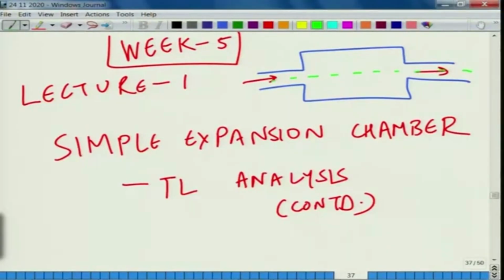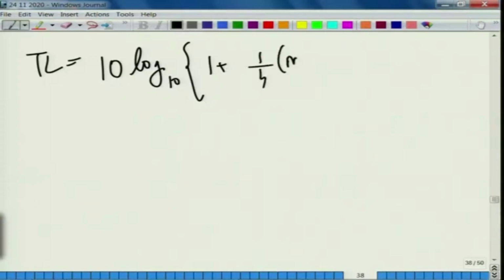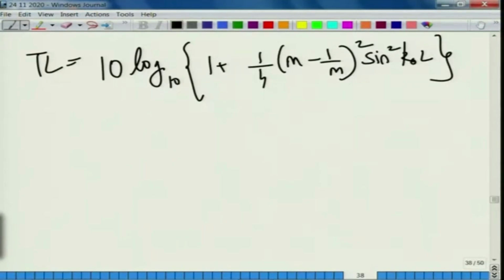Now, as we saw from the last lecture, the transmission loss was finally given by TL is equal to 10 times log to the base 10 of 1 plus 1 by 4 (m minus 1 by m) whole square sine square k naught L. And what was m? m was (D naught by small d naught) whole square.